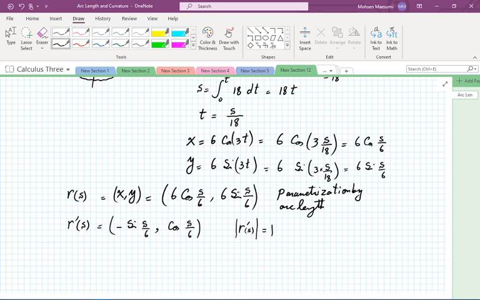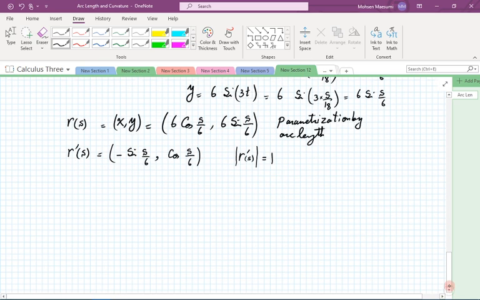In all cases, it's true that, so here we have a general observation to make. If you have your position, you parameterize with respect to arc length and take a derivative of this and calculate the absolute value of that, you always get 1 regardless of the curve that you had or how you were originally parameterized it or traveled on it. Why so? Well, let's go back to our original picture.